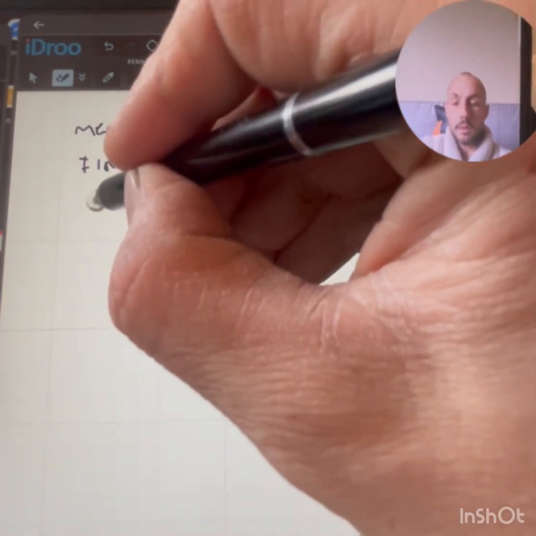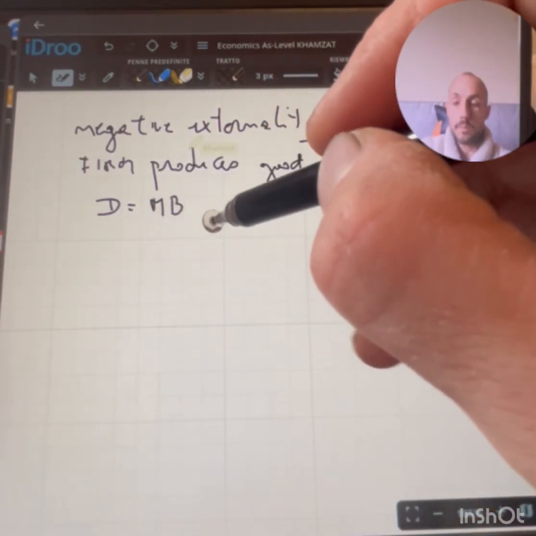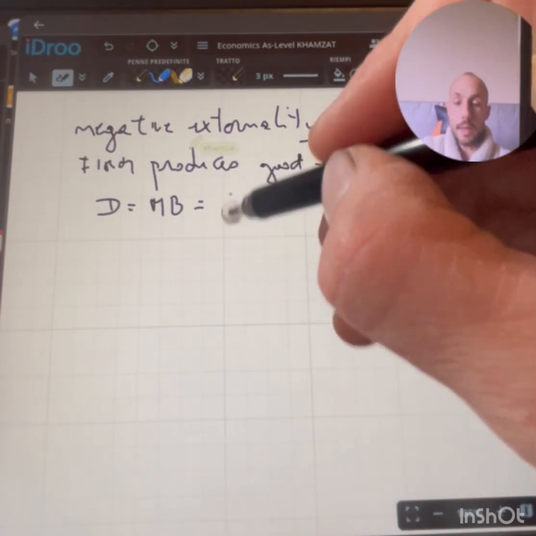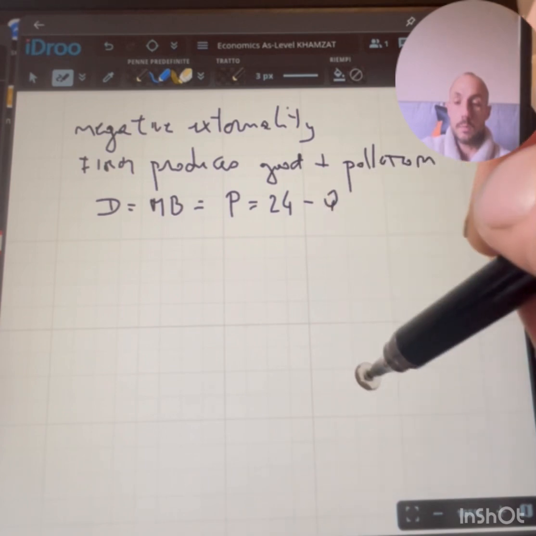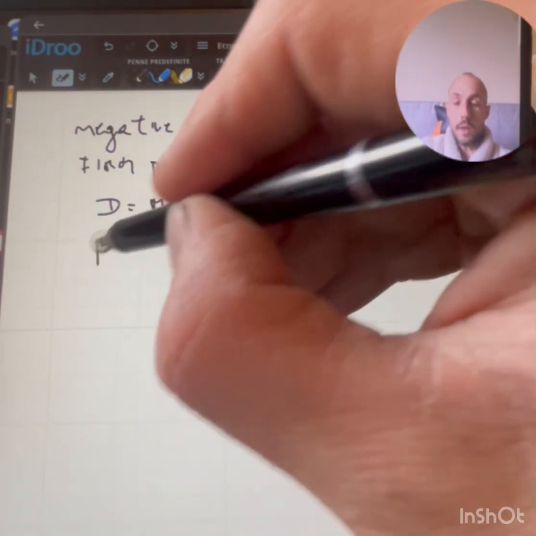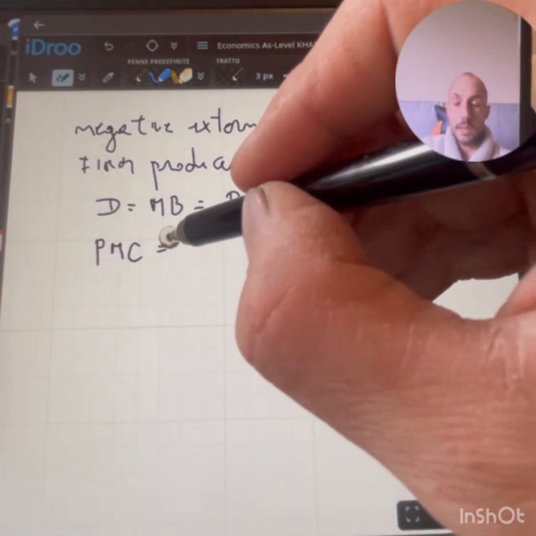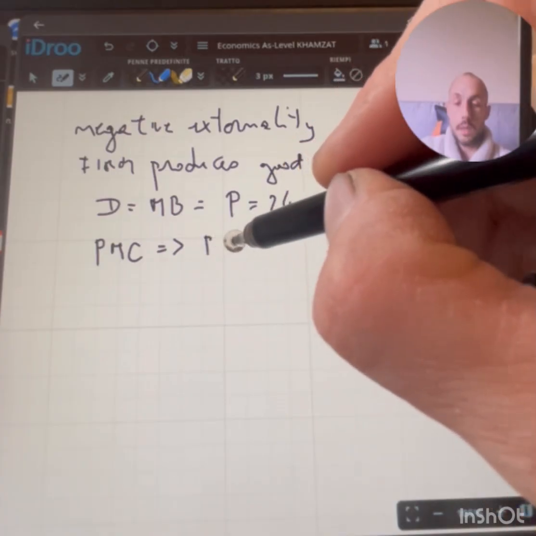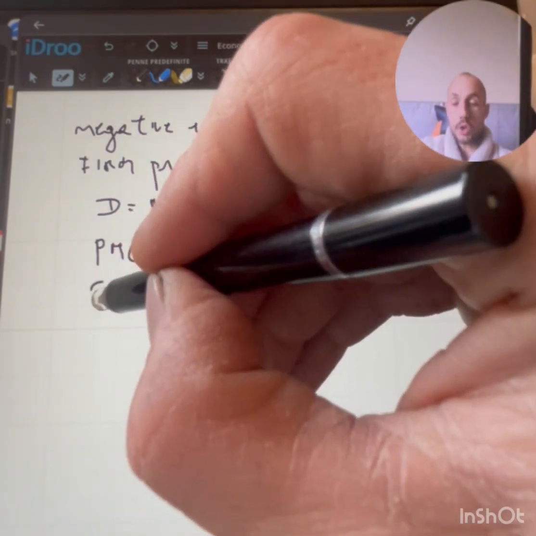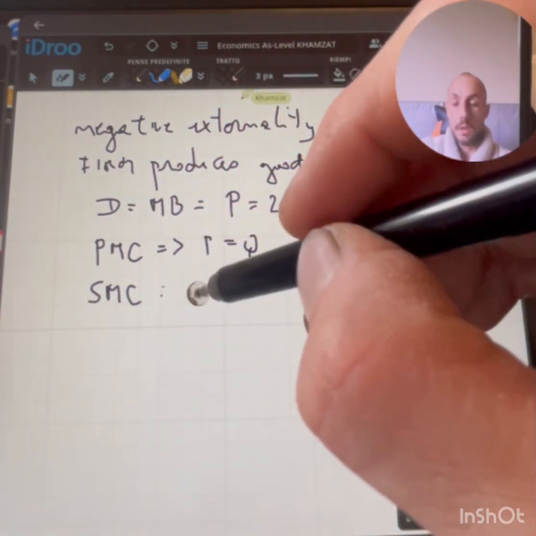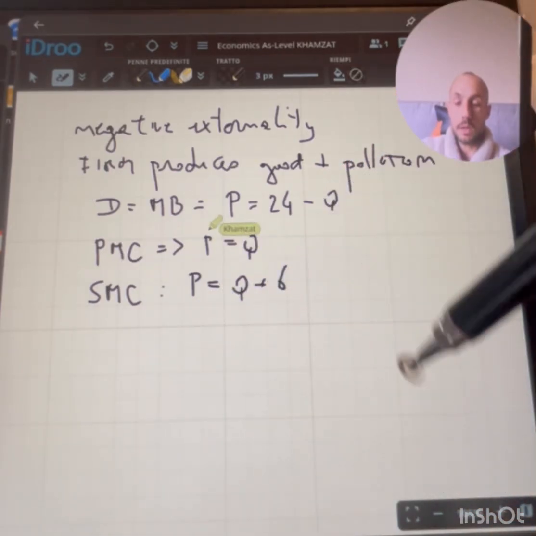The demand, which is the marginal benefit, has a dependence of P equals 24 minus Q. The private marginal cost is as easy as P equals Q, so it is linear with the demand, while the social marginal cost is higher by 6 units, like this.